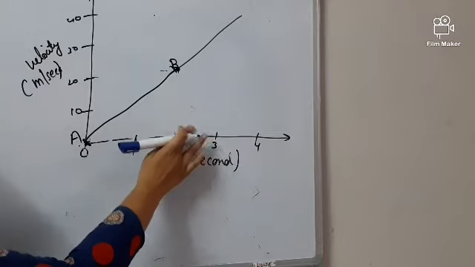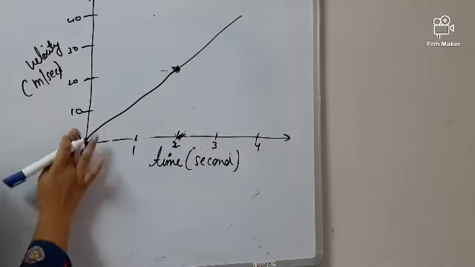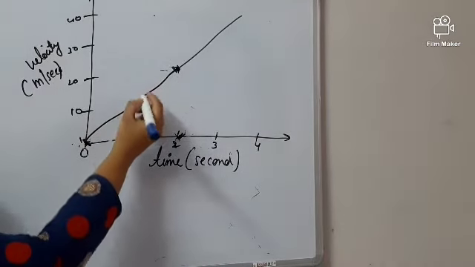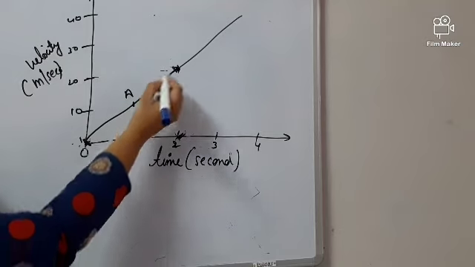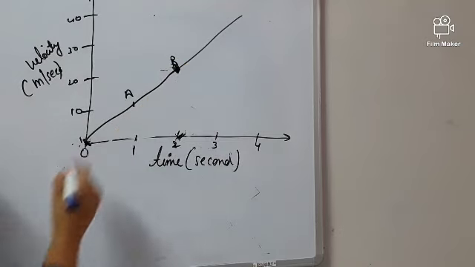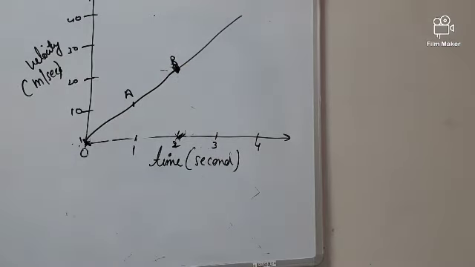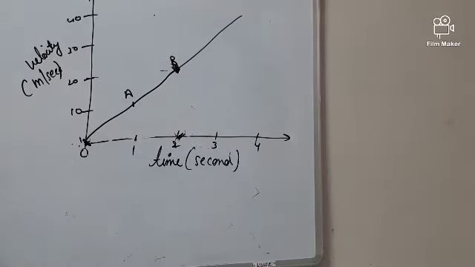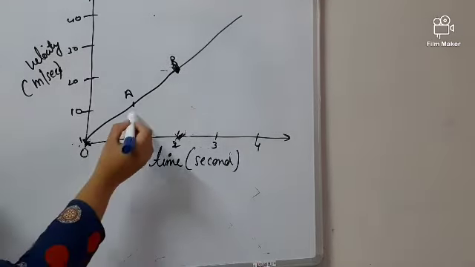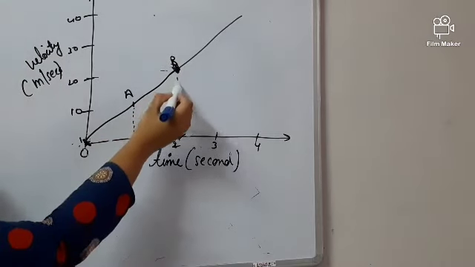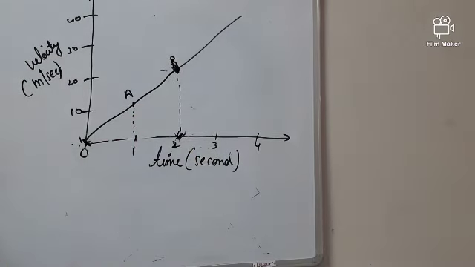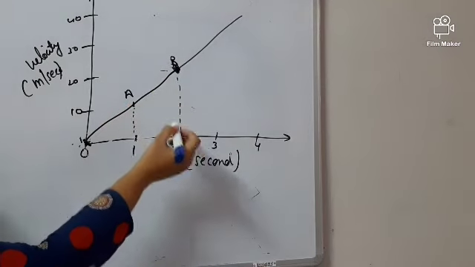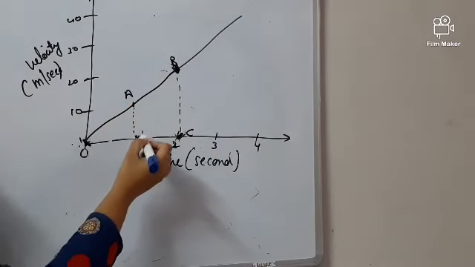So these are not the points now. Let's say you have to find the displacement from A to B. First of all, draw the perpendiculars onto the x-axis, this one and this one. Label the figure: it is A, B, right here C, right here D.